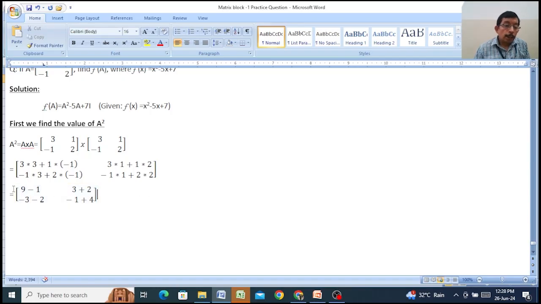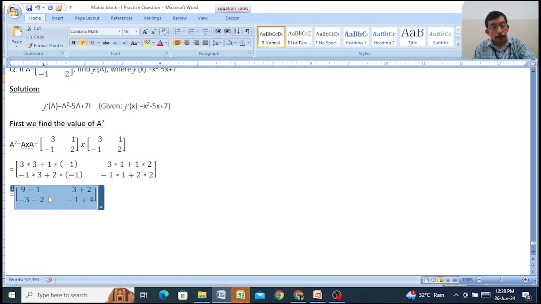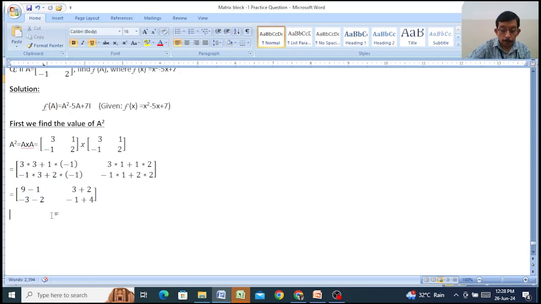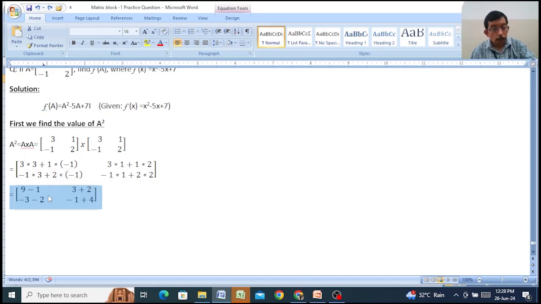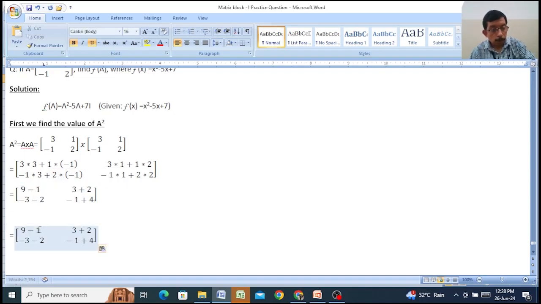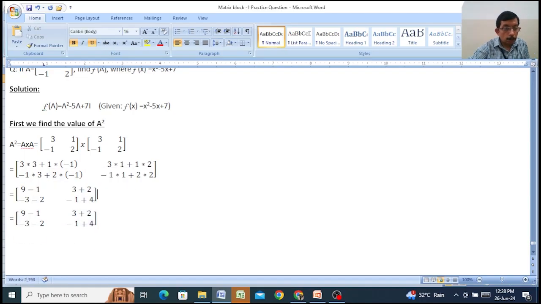Now simplifying the next step, then we find the value of A square. Nine minus 1 is equal to 8.